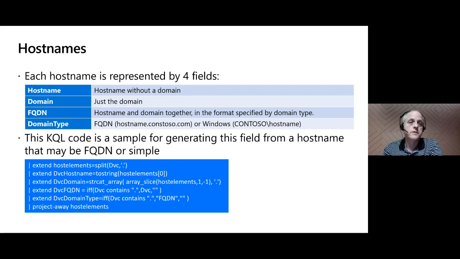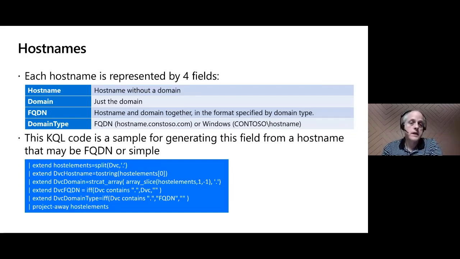You see that the 4 names are hostname, which is a simple host name without a domain, domain name, FQDN, which is tying them together. Since we are in query time, this does not imply duplication because we don't store the data again. And then we also have a domain type, which says how we stored the FQDN, so Windows or FQDN type.